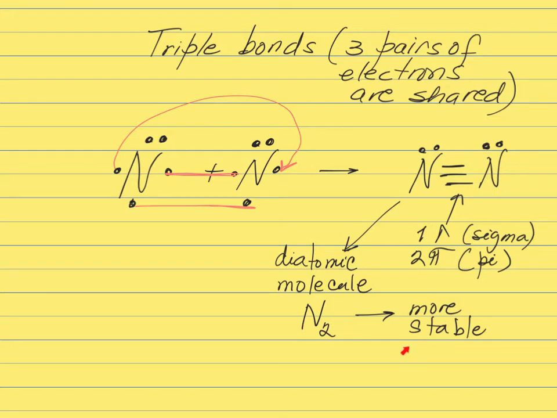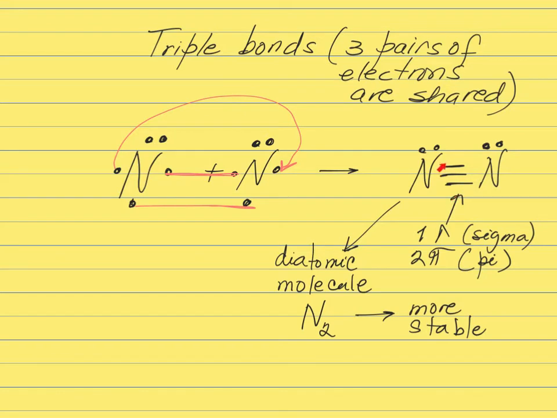They want to be more stable because remember, in order to reach chemical stability, elements need to reach an octet of electrons in the last level of energy. In this case, one atom of nitrogen is sharing 3 pairs of electrons, 1, 2, and 3, just to fulfill the octet rule.